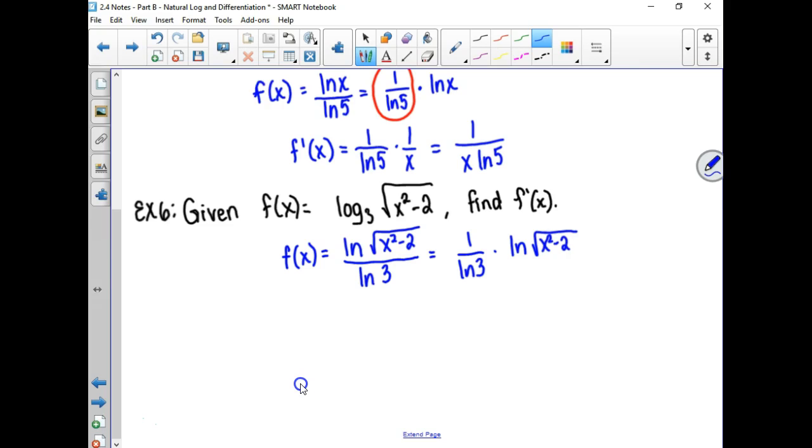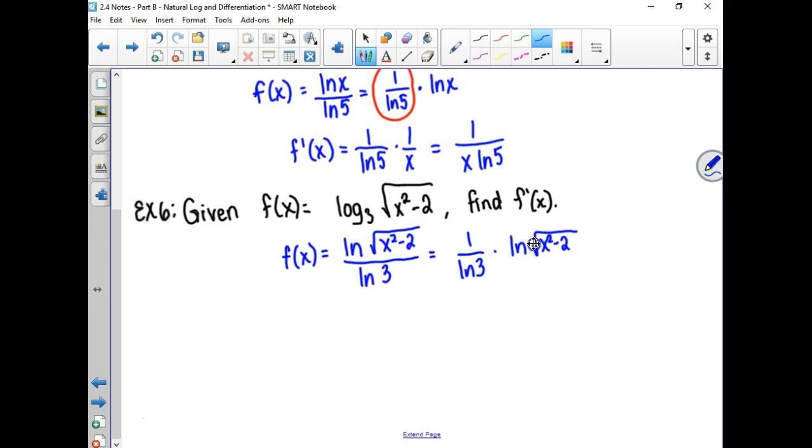But I don't like the looks of that because I've got that square root on the inside of the natural log. Which means, as it is right now, I've got a double chain rule on the inside, because I would have the square root to deal with plus the x squared here to deal with, and I don't really like that. Is there any way I could get rid of that square root?